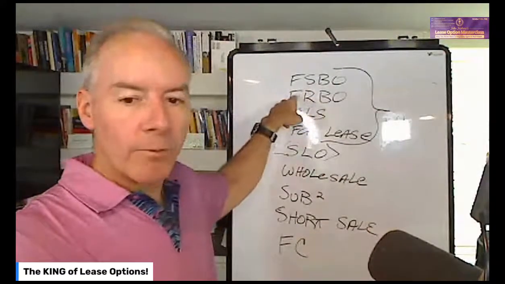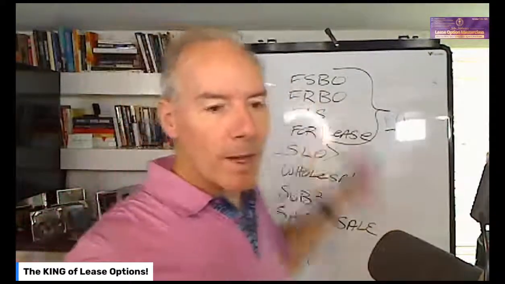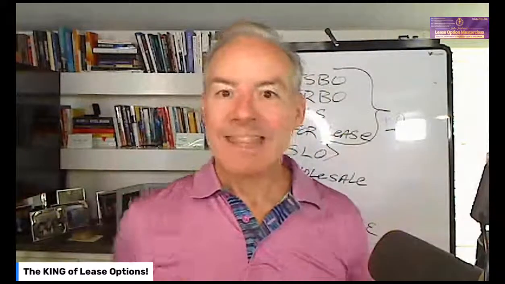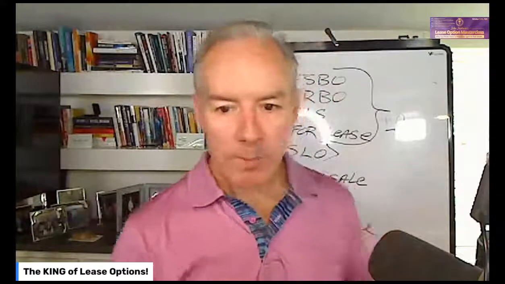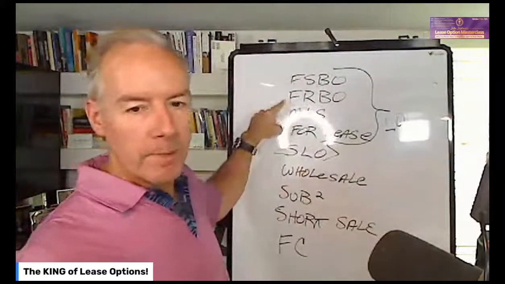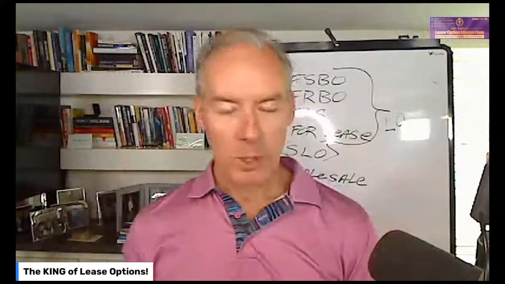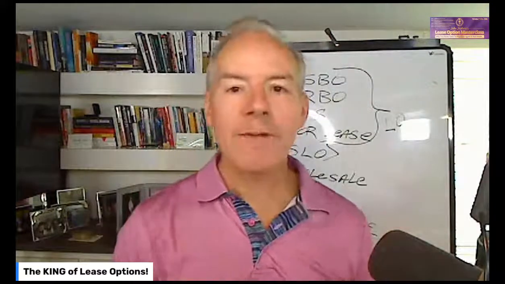That means they're renting it because it didn't sell. And so after a while, when it didn't sell, they're like, screw it, I'll just rent the thing, right? That wasn't the intention. That wasn't the goal. So they put it for sale by owner. Then that didn't work. They put it for rent by owner. So now they are an accidental landlord. So they're either an accidental landlord or they're an investor.